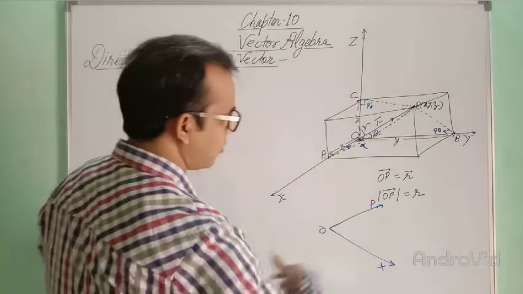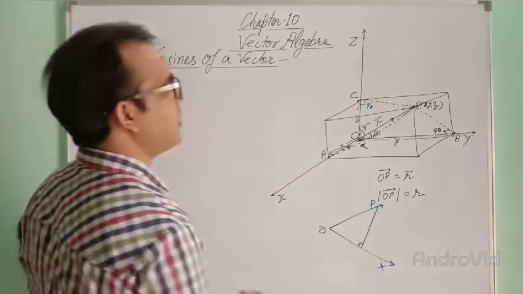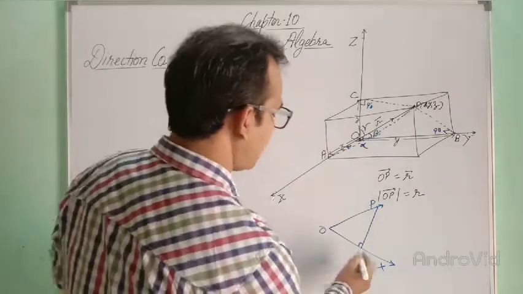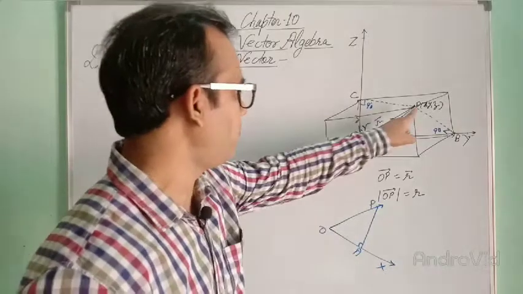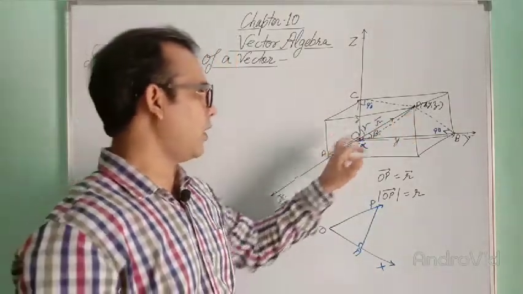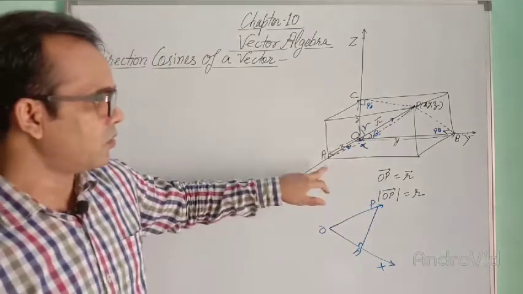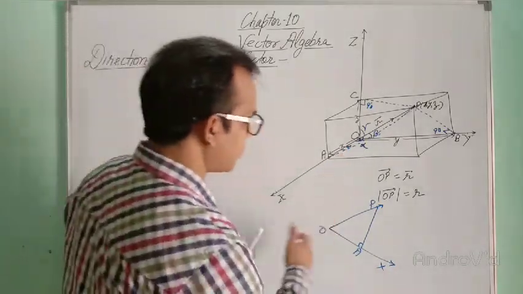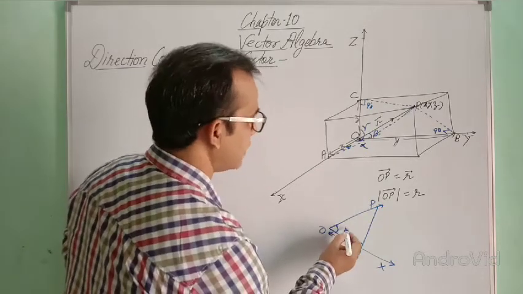Now we draw the perpendicular from this point P, and it meets at the point A. Now you can see this triangle OAP. In triangle OAP, the distance OA is x and this angle is alpha.